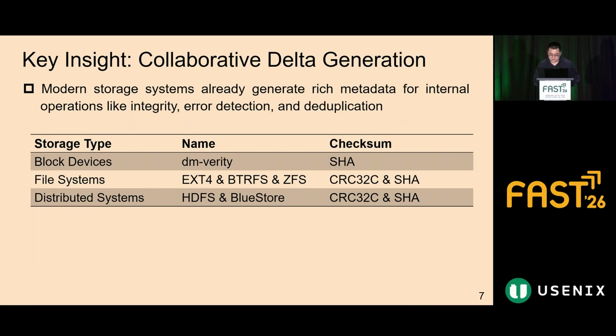We look closely at modern storage systems. The conventional storage layer already maintains rich metadata for internal management purposes, including data integrity and error detection. By analyzing various storage types, we categorize the available metadata.